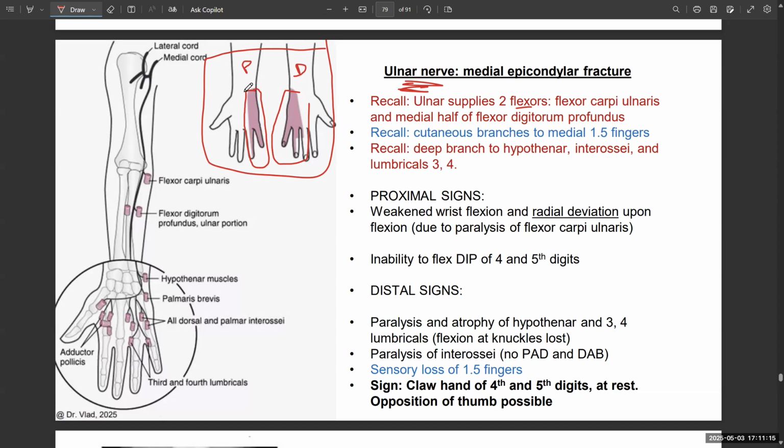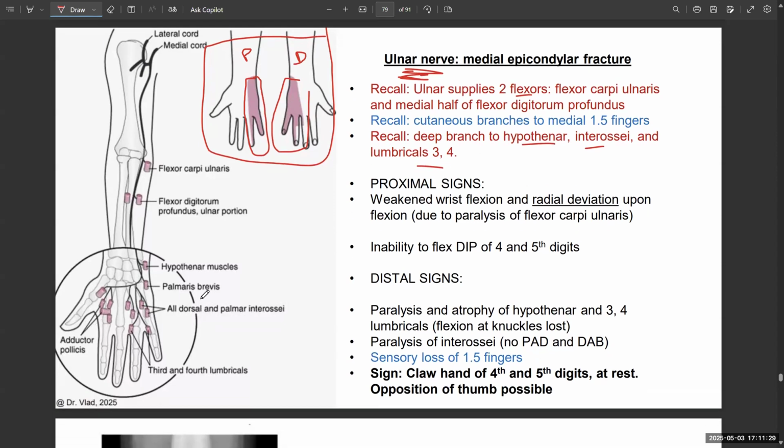So 1.5 sensory innervation. Also, the deep branches go to the hypothenar, interossi, and lumbricals 3 and 4. We can see here the deep branch goes up to the hypothenar, and it goes to the interossi, and also goes to the lumbricals 3 and 4, so the lumbricals of the pinky and the ring.